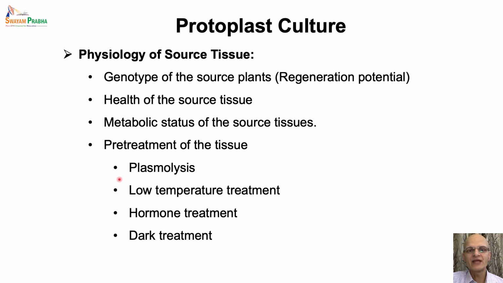These may include, first one is plasmolysis. The treatment of the source tissue for plasmolysis can help in improving the efficiency of protoplast preparation. As we saw earlier in the mechanical extractions, similarly it can be helpful in the enzymatic methods too.